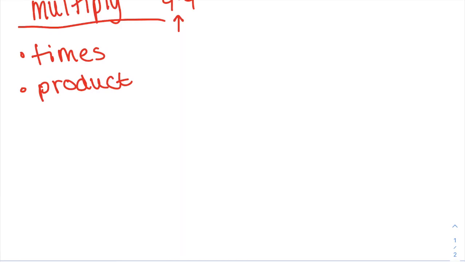Or I might say, for example, if we did 2 times 8, I might say twice of 8. So 2 times 8 would be 8 plus 8. That is twice of 8. Or double or triple that, quadruple.